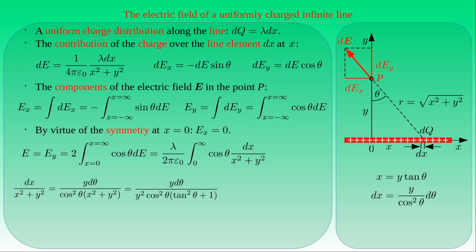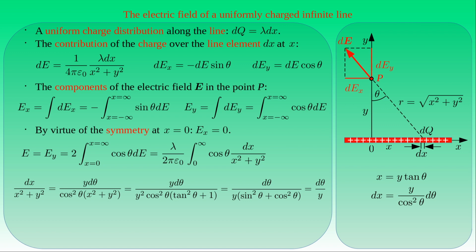After simplifying this expression, we obtain d theta divided by y times the square of sine theta plus the square of cosine theta. Since the square of sine theta plus the square of cosine theta is equal to 1, we obtain that dx over x squared plus y squared is equal to d theta divided by y.